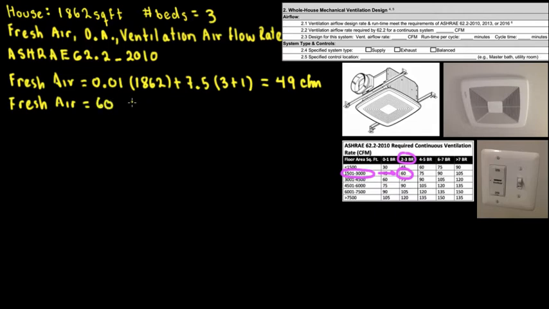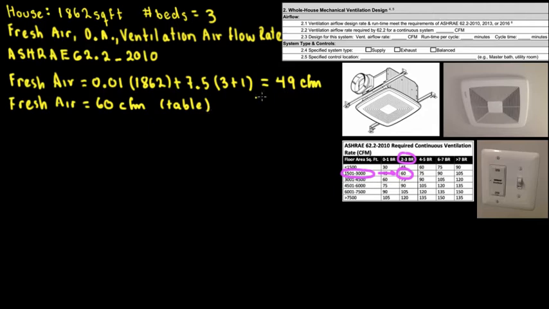Now you might be wondering, which one are we going to take? We have two fresh airs. Fresh air number 1 is from the formula, and fresh air number 2 is from the table, or as they call it, the prescriptive table. The prescriptive table gives a higher number, which is pretty much a buffer, a safety net.